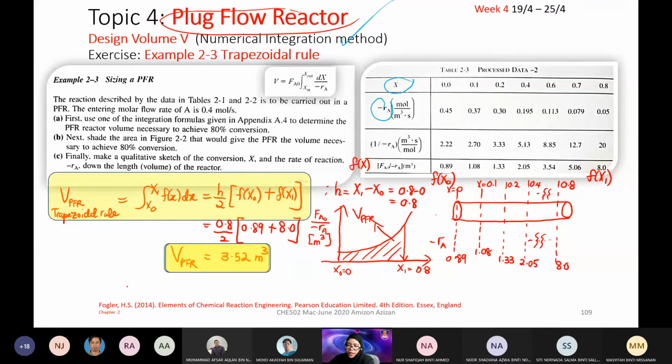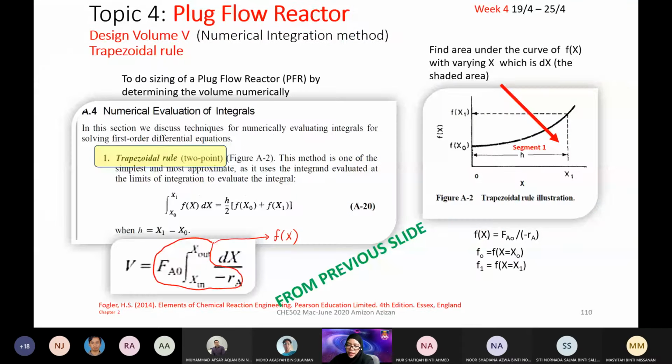If 3 point, then the volume will give you 2.28 meter cube. With 2 point, it gives you 3.52. With 3 point, it gives you 2.28 meter cube.